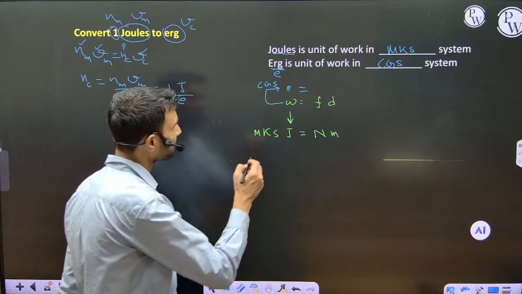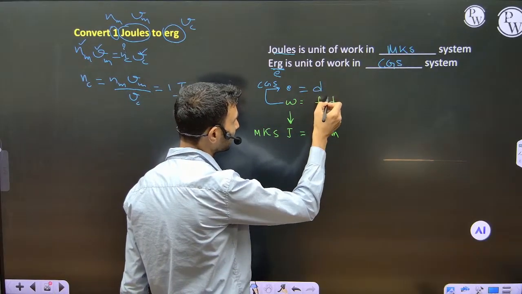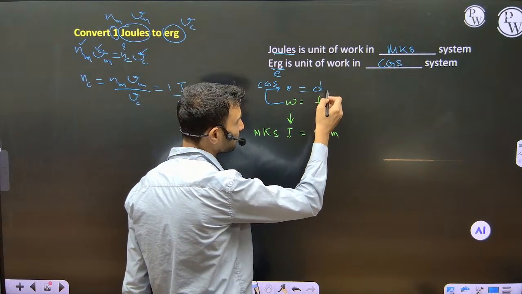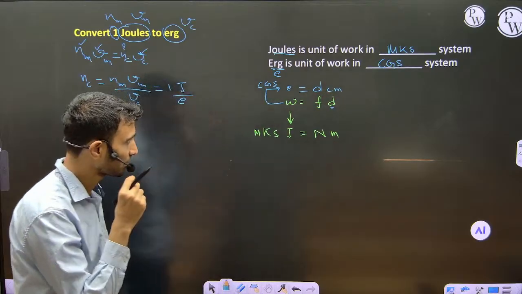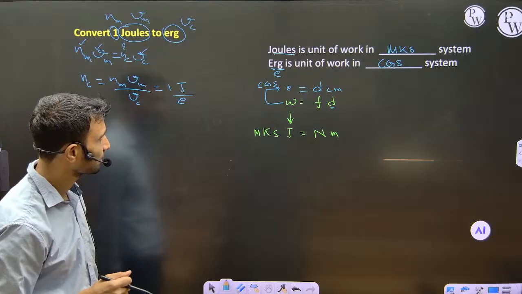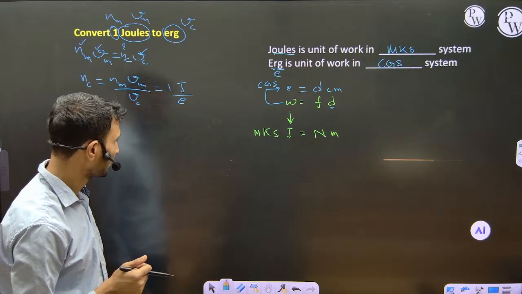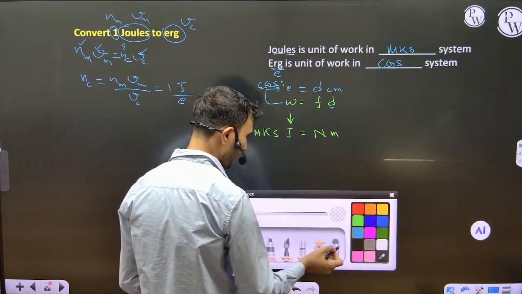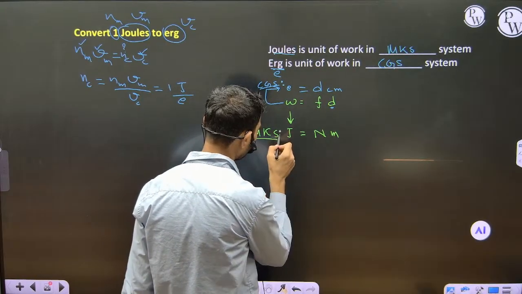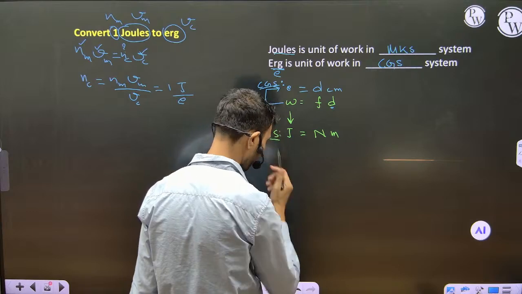So we get dyne, and distance means centimeter, right? Because it is in CGS, distance is centimeter and force is dyne. So we have written it in CGS as well as in MKS. Both we have written. Okay.